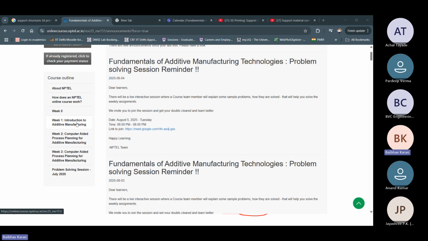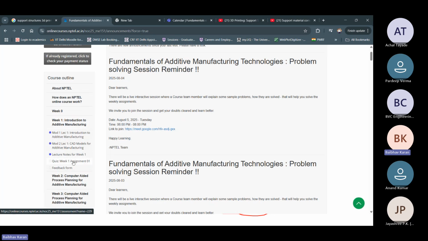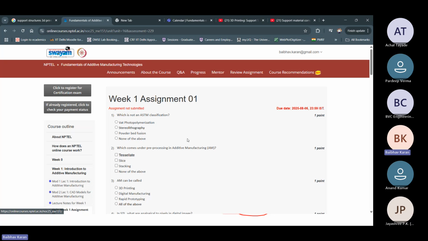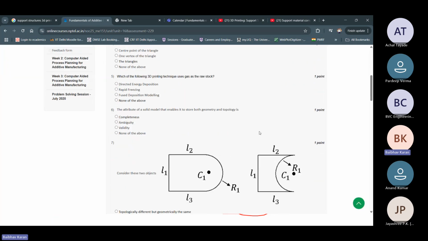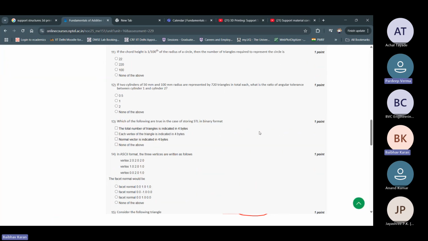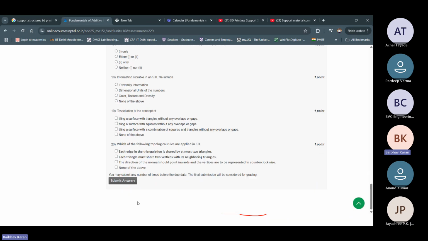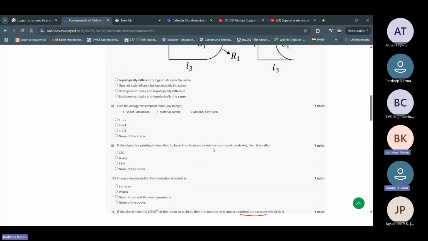When you click on week 1, you go to the week 1 assignments. You see these assignment questions are here. Then you have to select all the options, then click on submit answers. Then it is submitted. Got it, sir. Okay, perfect.